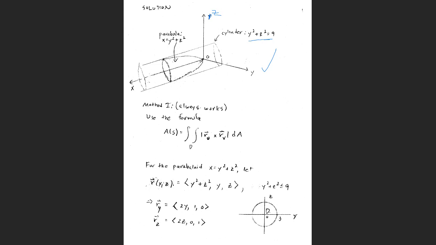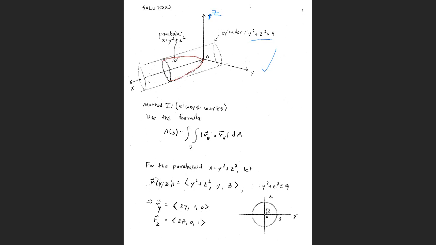Okay, so now there are two ways to find the surface area. The first way is to parameterize a vector function of two parameters. Find the parameterization of the paraboloid, because it's the paraboloid here that we're trying to get the surface area for.